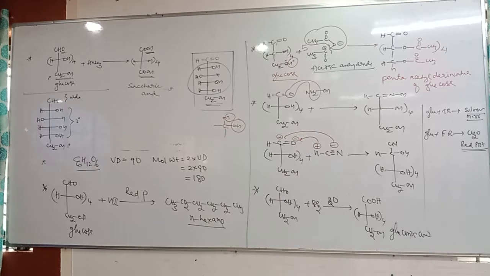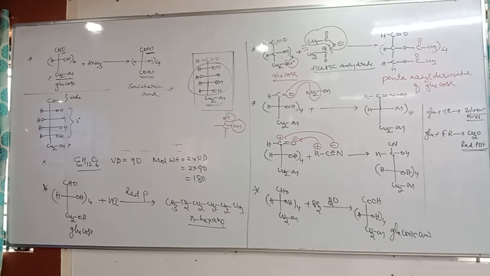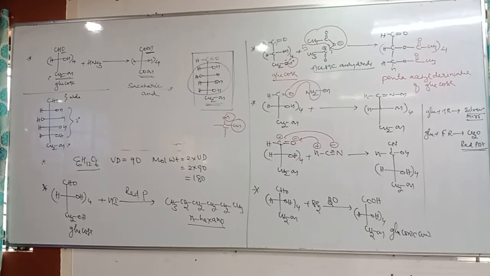Therefore molecular weight equals 2 into vapor density, 2 into 90 is 180.